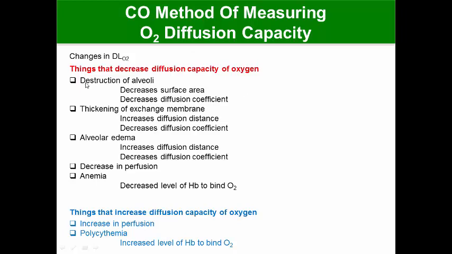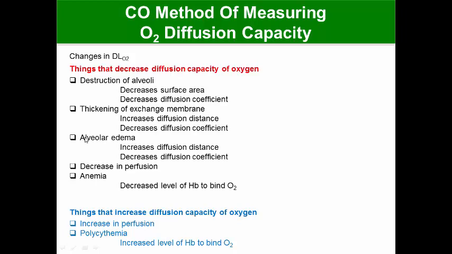For example, destruction of the alveoli, because this decreases the surface area of the respiratory membrane, and this decreases the diffusion coefficient. Remember Fick's law. If the respiratory membrane is thickened, again remember Fick's law, this increases the diffusion distance, so this decreases the diffusion capacity, and this also decreases the diffusion coefficient.